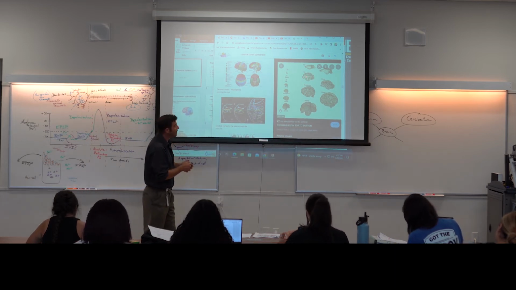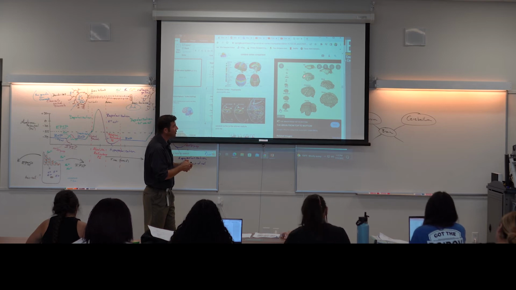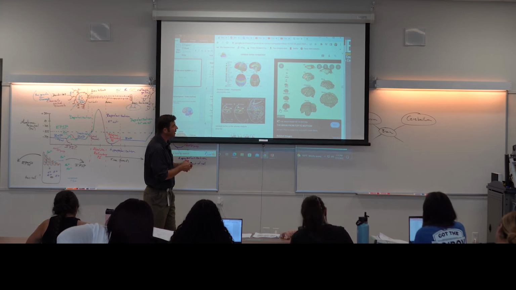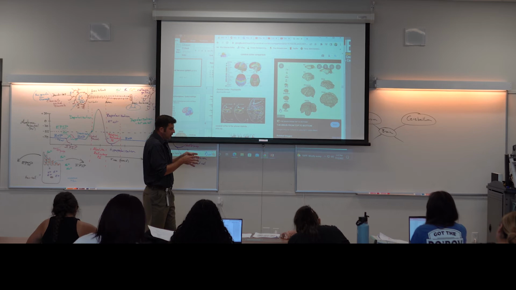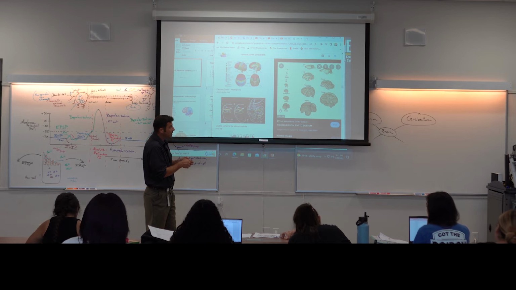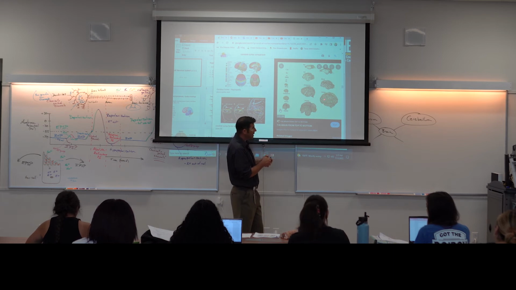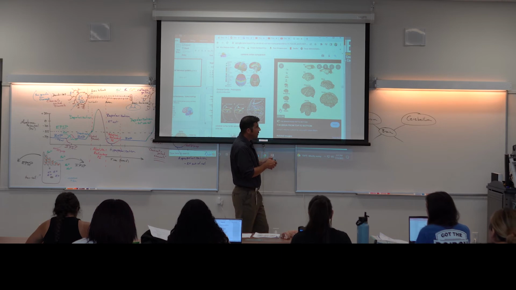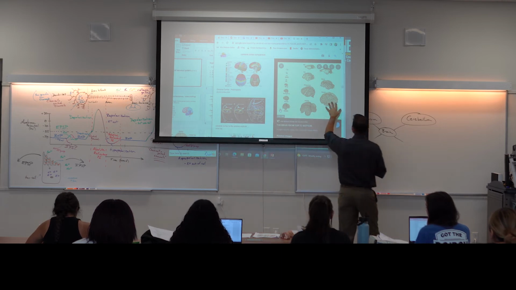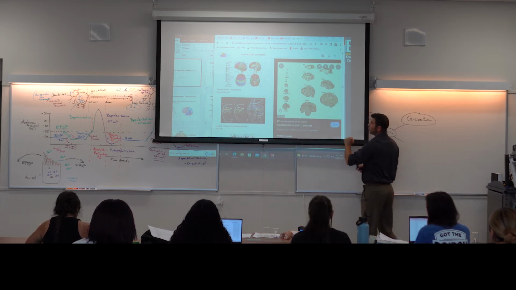Now, if we compare that to something like a cat, you can see how they have these gyri and sulci that form a collection of ridges that really increases the amount of surface area on a cerebral cortex. You can see a sheep or a chimpanzee or even a human, they have an even larger number of these gyri and sulci, creating even more surface area, even more room to store memories.